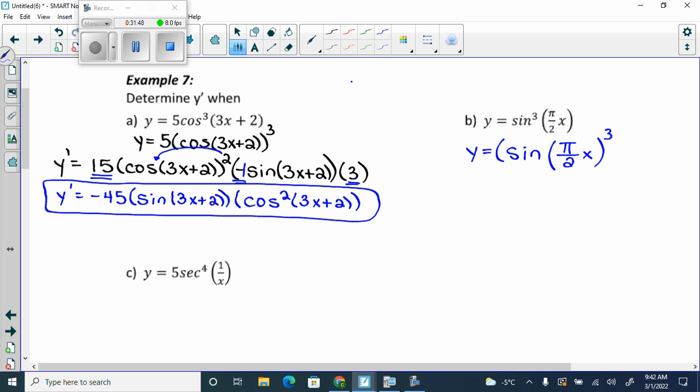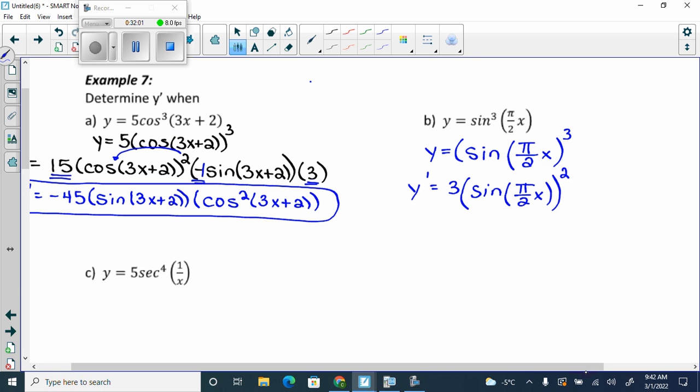So we're gonna go y prime equals 3 sine pi over 2 x to the 2. The derivative of sine is cos pi over 2x. And then we do the derivative of pi over 2x, which is pi over 2.